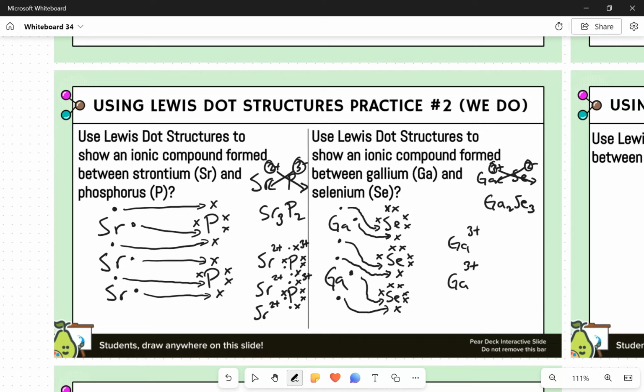And then 3 seleniums. 1, 2, 3, 4, 5, 6. Fill in the dots. 2−. 2−. So you can see how the electrons are moving from gallium here over to selenium.